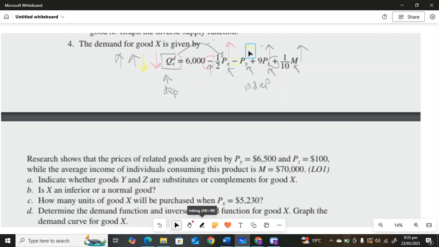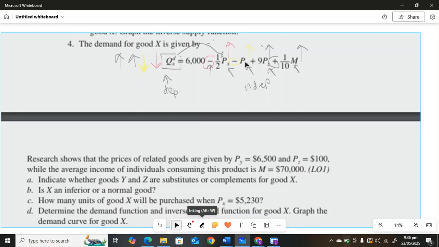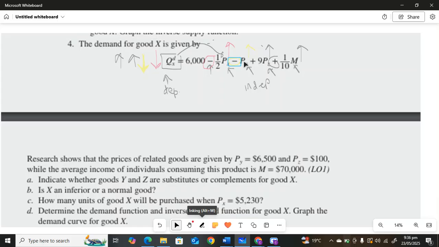Complementary, not a substitute. Like the example you gave, bread and butter: if the price of bread goes up, people buy less bread, and so it's complementary.